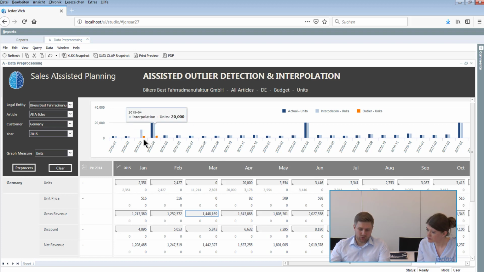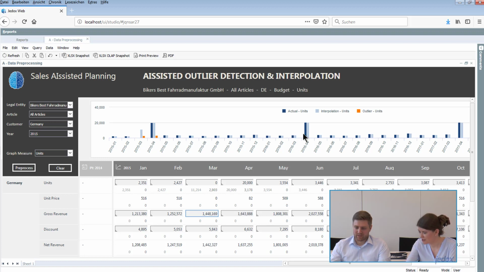So the orange values here, these are the outliers. These two values are detected as outliers. In the gap case, it makes sense. Okay, so 0 is considered an outlier, so it's not existent. And this 20,000 value is way higher than the rest. But only this is marked as an outlier.